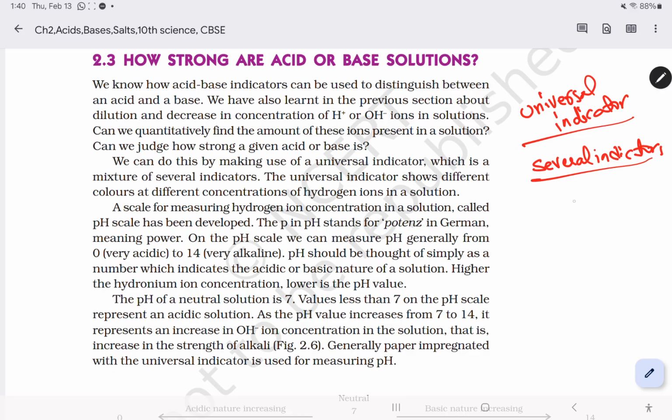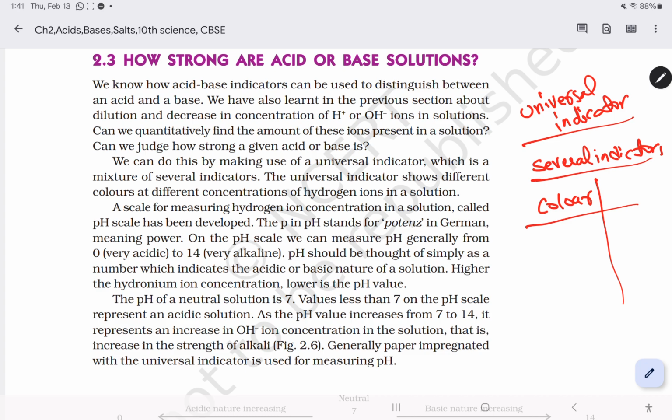You can observe different color combinations with different pH values, so it helps to determine the approximate pH value of a solution based upon the color change. Depending upon the color codes, you can guess the value of the pH.